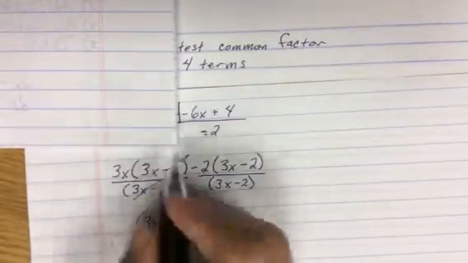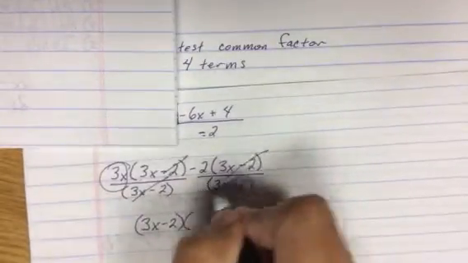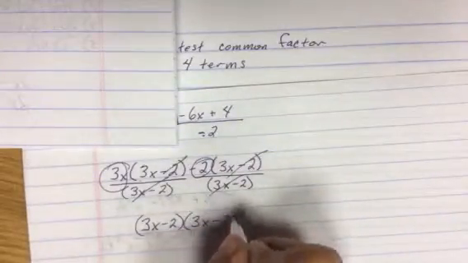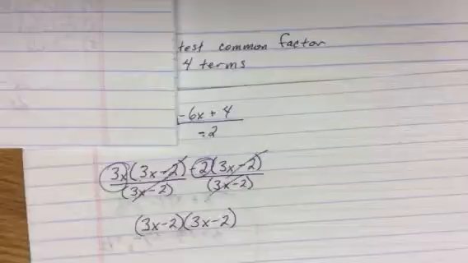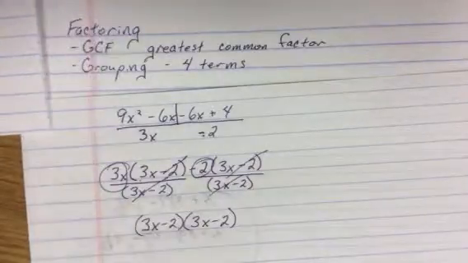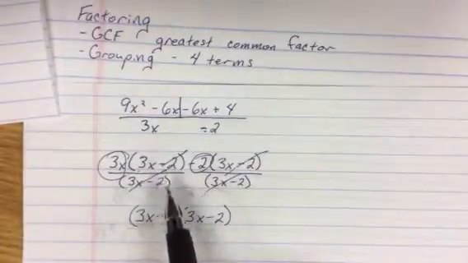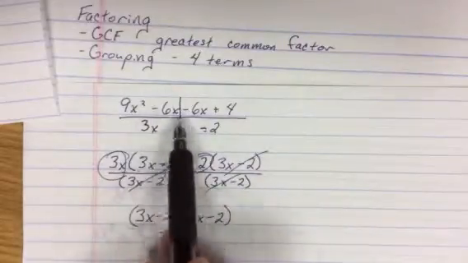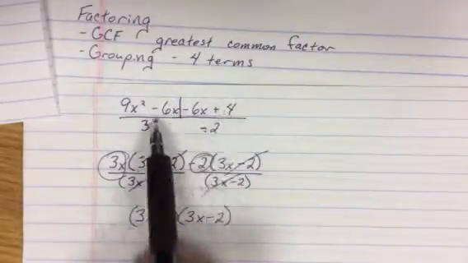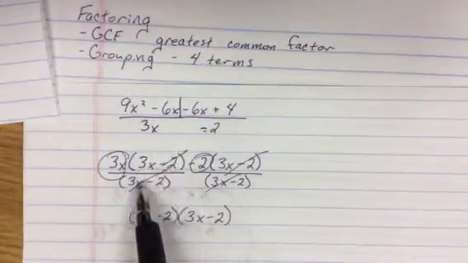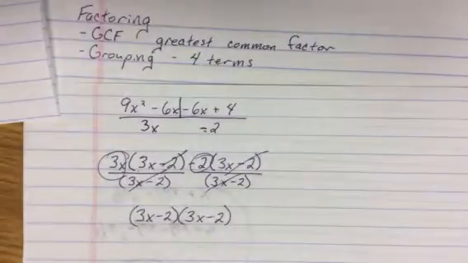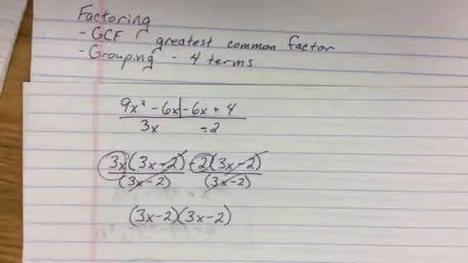What I'm left behind with goes in the next parentheses. So I took a 4 term, factored it by grouping, by taking it in chunks and finding the GCF of each piece. Parentheses being the same, I pulled out the parentheses. What's left over goes in the next. This is grouping.